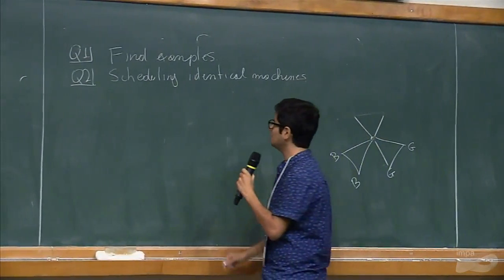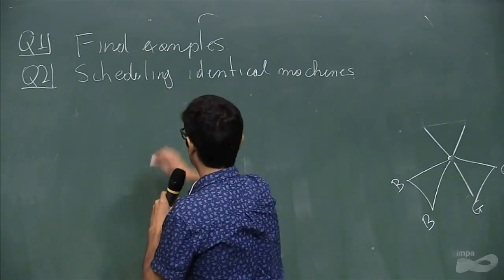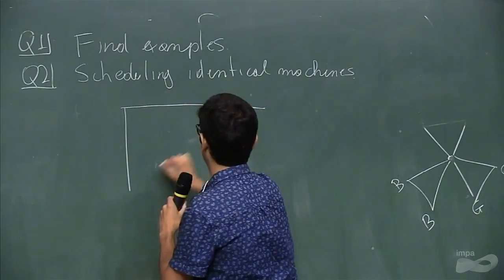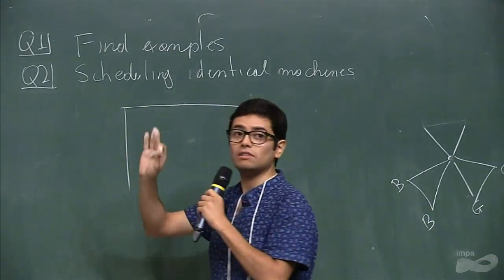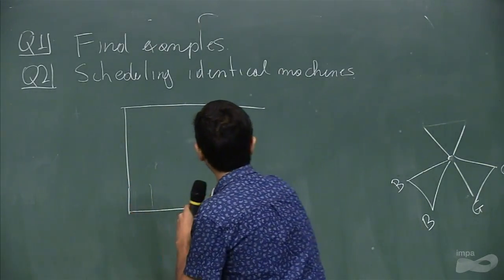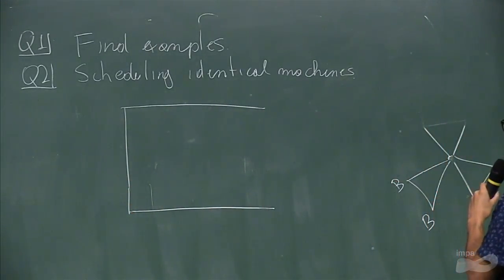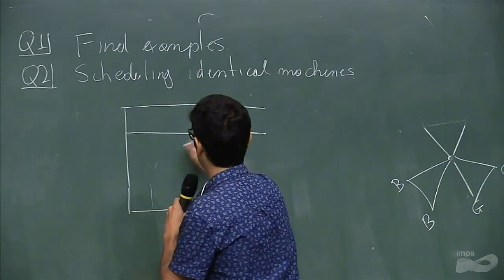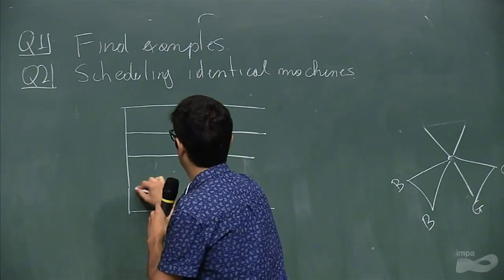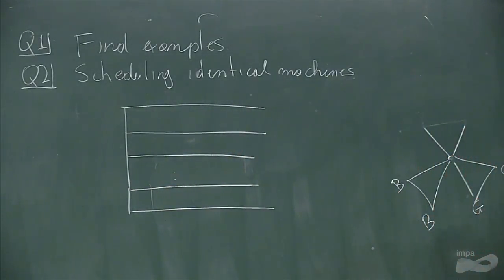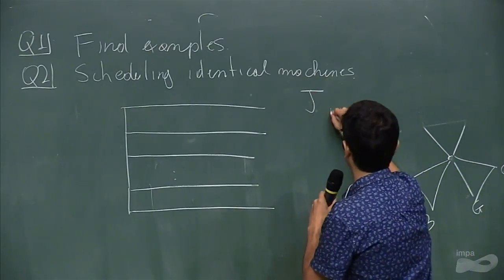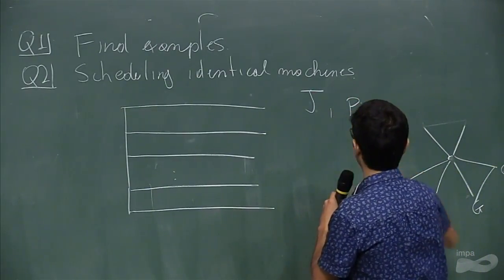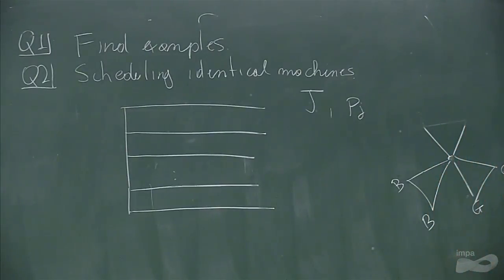And what is a gap instance? It is the following. Just tell me if I'm taking too long, okay? Let me make it brief. In this problem, you have machines, which are just, let's say, bags. I have bags, and I have jobs. I have a set of jobs, J. I have a processing time for each one, which is just an integer number.